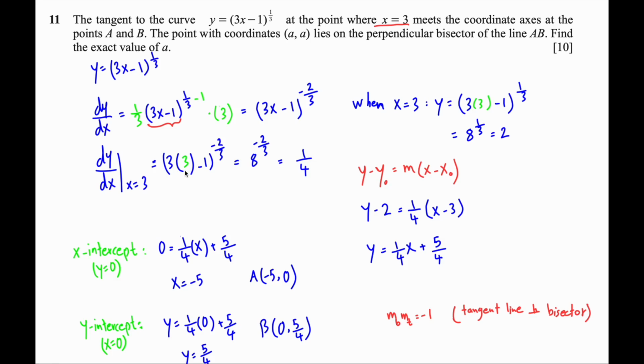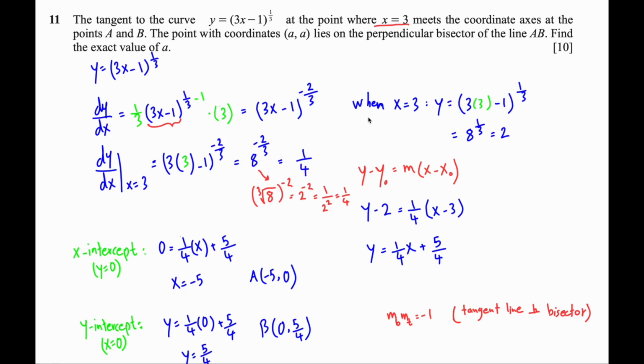So once you do that, you get minus 1, which is 8 raised to the power of -2/3. That's 1/4. You can think of it as the cube root of 8 raised to the power of -2, 2 to the power of -2, which is 1/2 squared, and that is 1/4. That's what I obtained right here.